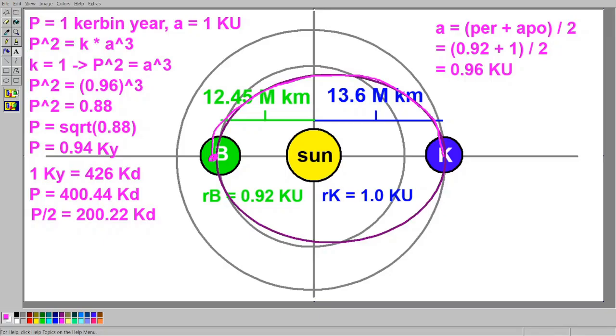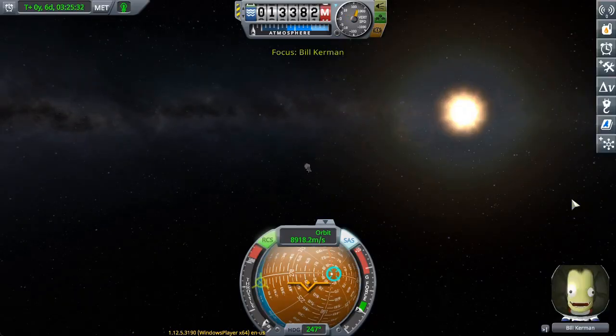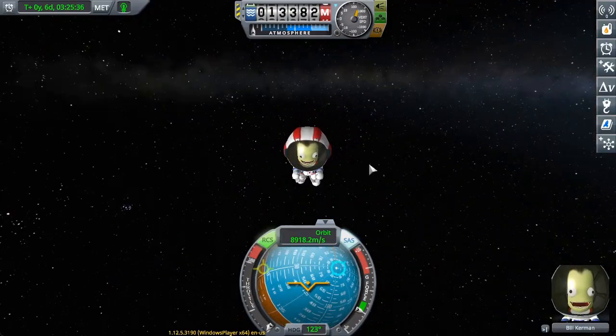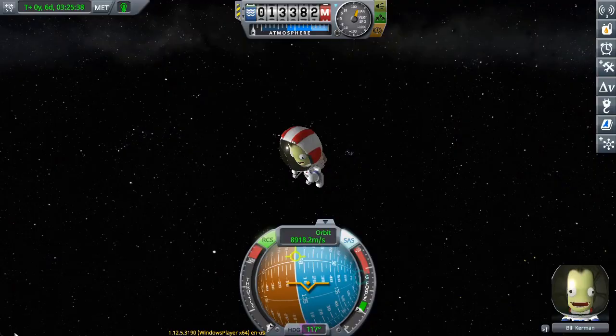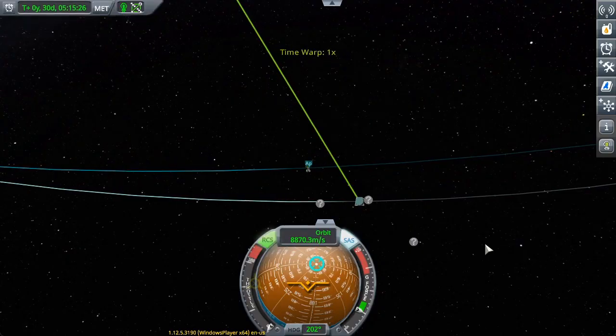Does it say it in the game? Wait, let me check. Okay, Bill Kerman. Hello, Bill Kerman. Bill Kerman is strangely happy. Oh, there's no orbital info. Ah, shoot. Okay, there you go.